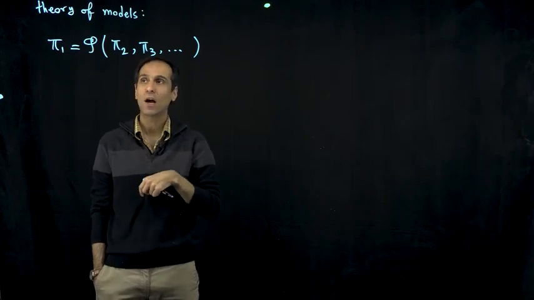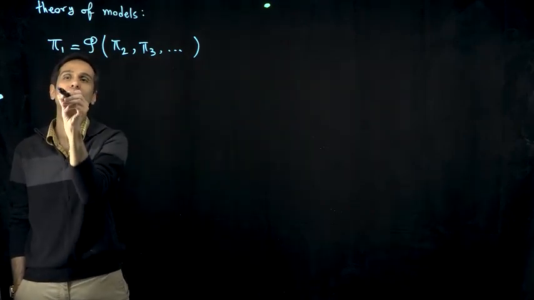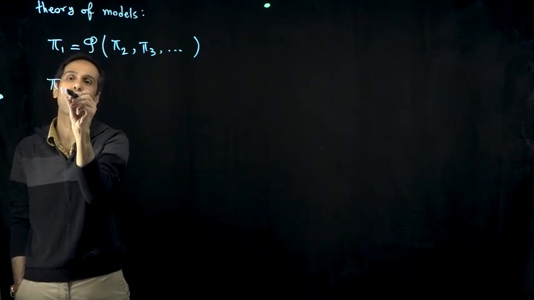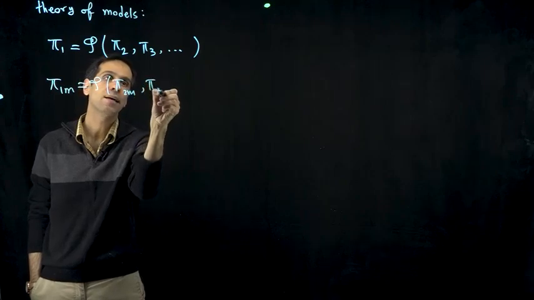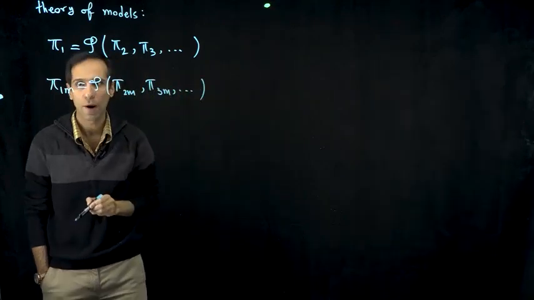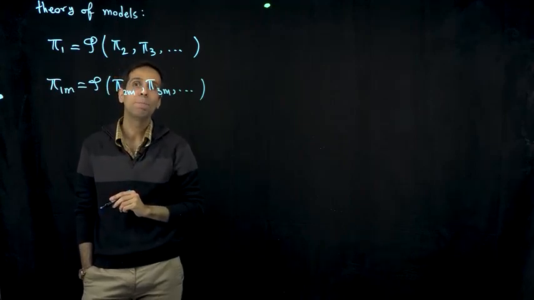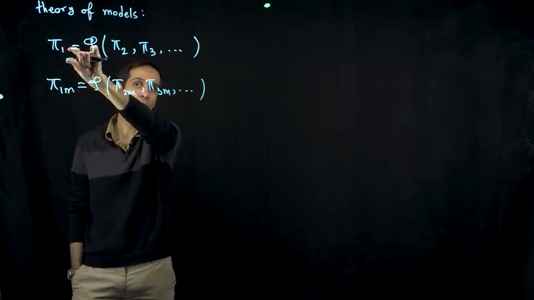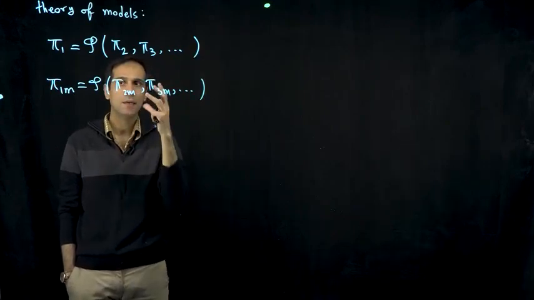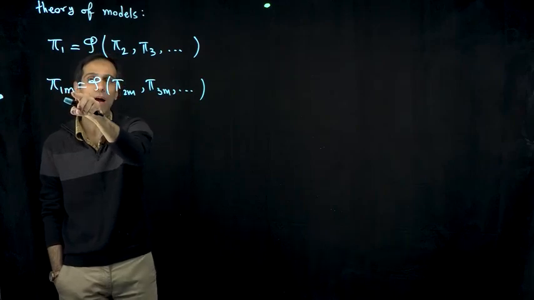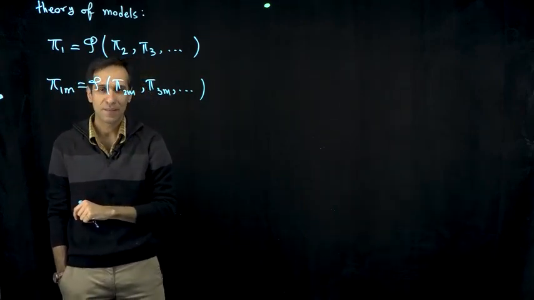I want to call it model. So for this one, I would repeat this process as pi 1m is a function of pi 2m, pi 3m, and so forth. M here stands for model. So pi 1 is for the prototype, the real, the main structure, and pi m corresponds to the model of the main one.